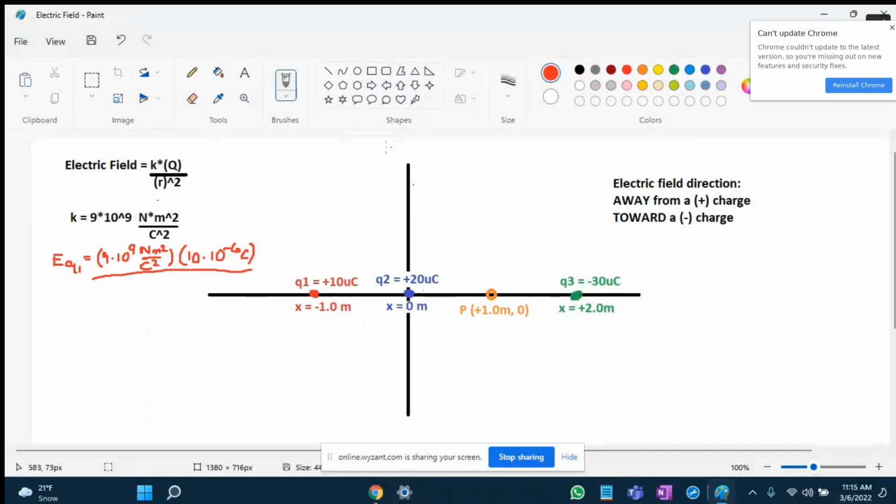The distance between P and Q1: there's 1 meter between P and Q2, and then 1 meter between Q2 and Q1. So the distance would be 2.0 meters in this case.